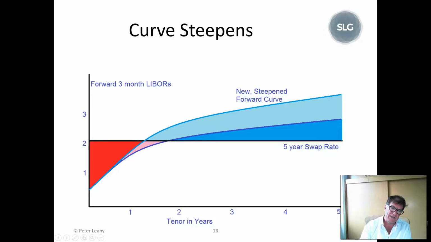Importantly, two things. Notice that this has not factored in any significant or noticeable change in very short-term LIBORs, immediate, perhaps 3, 4, 5 or 6 month LIBOR. But do notice as well that we can think of the red zone as now having had a little bit taken out of it compared to what it was before.